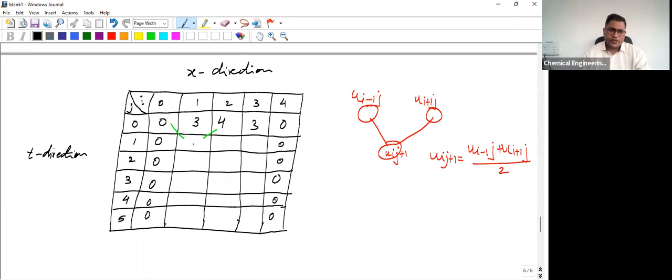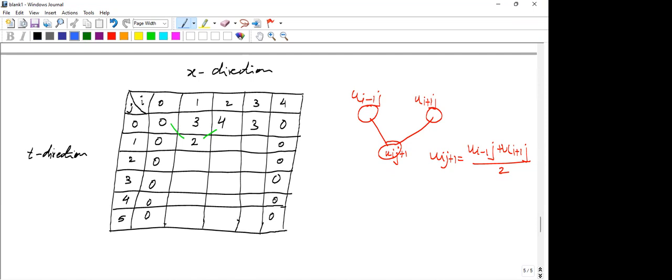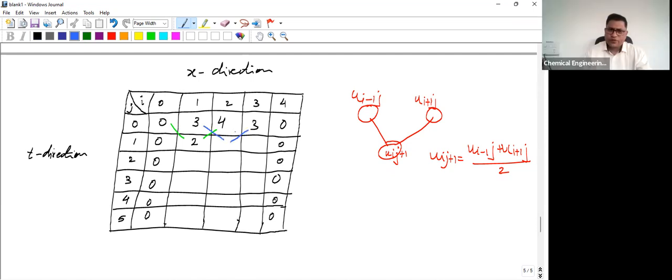So can you tell me what will be the average? Is it 2? Yes, sir. Now this value will be the average of these two. So what will be the average? Is that 3? And this value will be the average of these two. So is that 2 again?